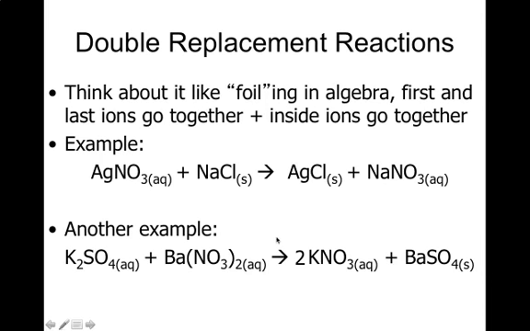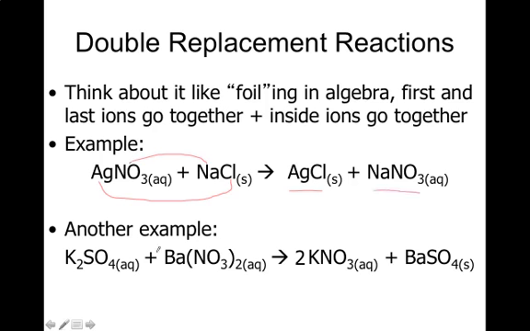Okay, so let's look at this example. Silver nitrate plus sodium chloride gives silver chloride and sodium nitrate. Silver and chloride came together to make silver chloride, and sodium and nitrate came together to make sodium nitrate.